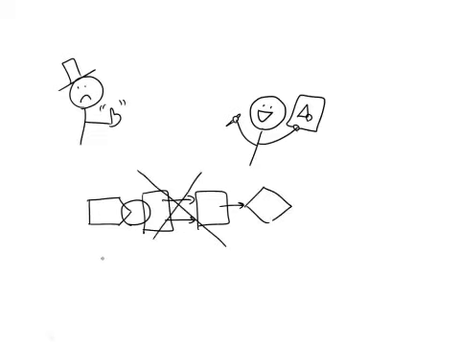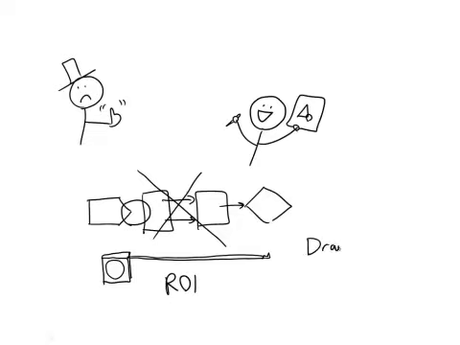There's nothing in this process, if there's a process at all, that the typical business person can measure and say, okay, I can understand what is the return on investment of drawing. Because in the past, there's never been any sort of a rational way to think about what we do.